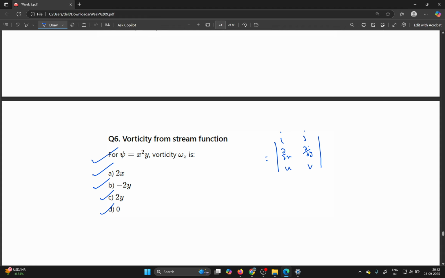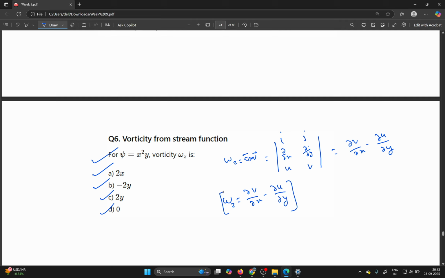And this is nothing but wz, you can say this is the curl, the cross product. So finally this will come to del v by del x minus del u by del y. So your wz is nothing but del v by del x minus del u by del y.